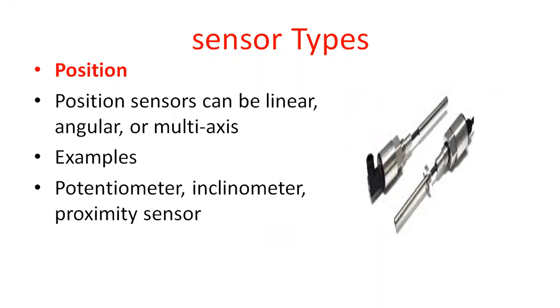The position sensors can be linear, angular, or multi-axis. Different examples for the position sensor are the proximity sensor, potentiometer, and inclinometer.